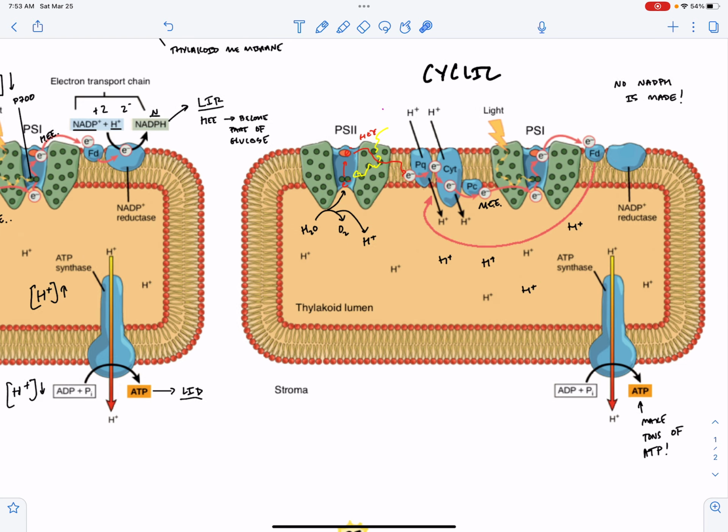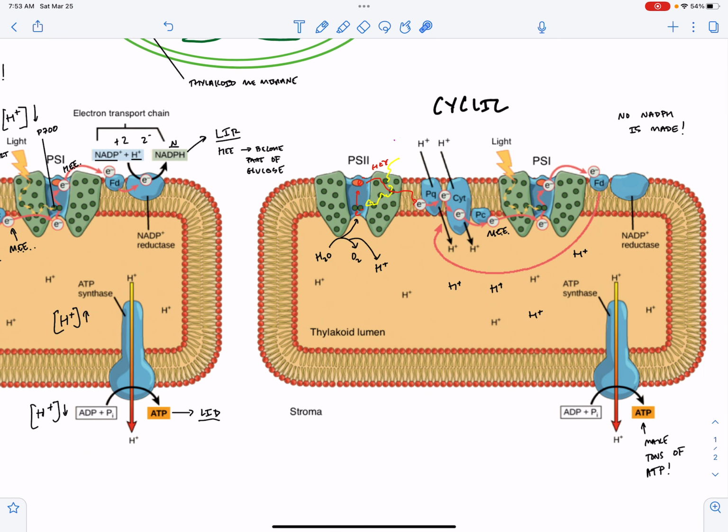So you might be asking, why is it that plants don't just perform cyclic all the time? That's why they're doing photosynthesis. They're transforming electromagnetic energy into chemical energy, and the chemical energy cells use is ATP, and so boom, voila, they've got it made here. And in part, you're right.